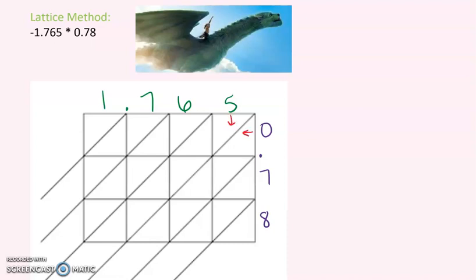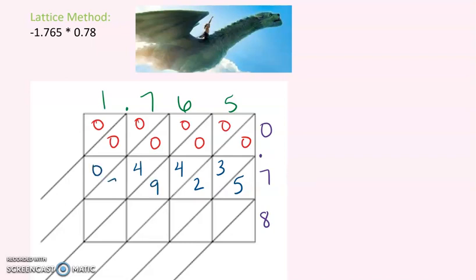Just like last time, I have 5 times 0, which is 0. 6 times 0, which is 0. 7 times 0, and 1 times 0, which gives me 0 all the way across, which is pretty nice. I have 7 times 5, which is 35. 7 times 6, which is 42. 7 times 7 is 49.